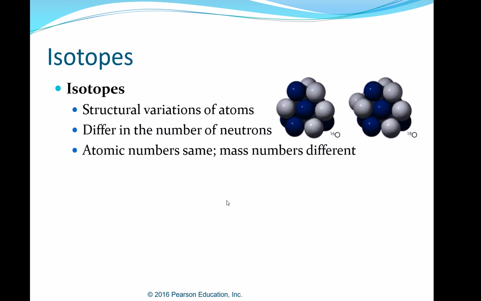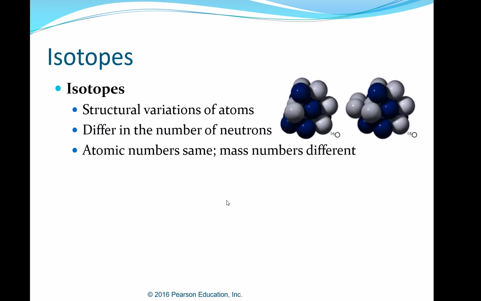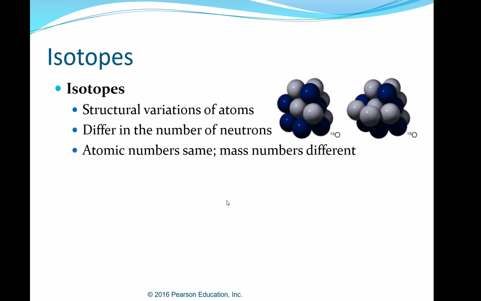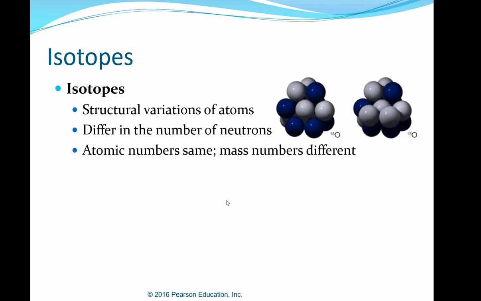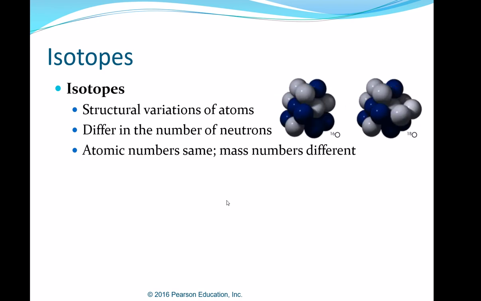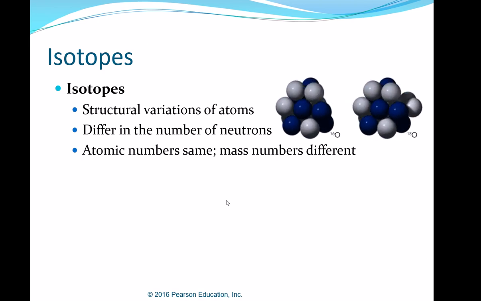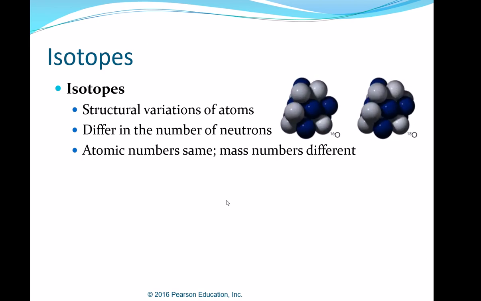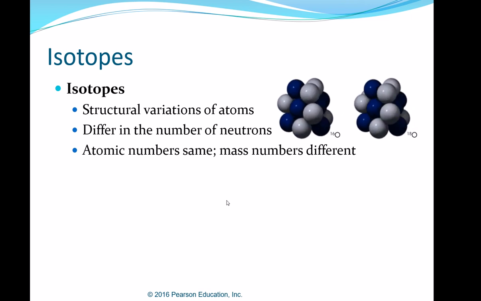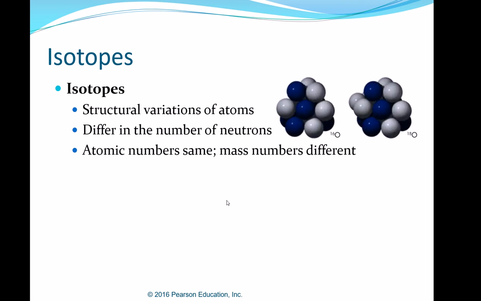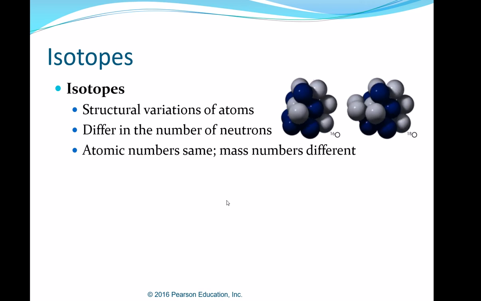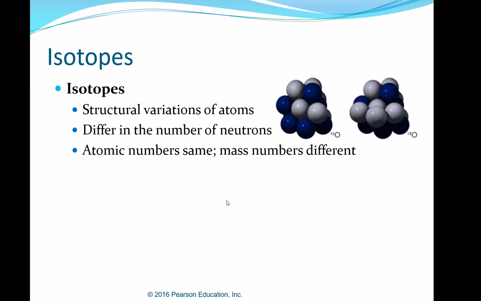But as I mentioned, those neutrally charged subatomic particles are neutrons. They can change without changing the actual form and function of the element. And we call those isotopes. They're basically variations of a particular atom.